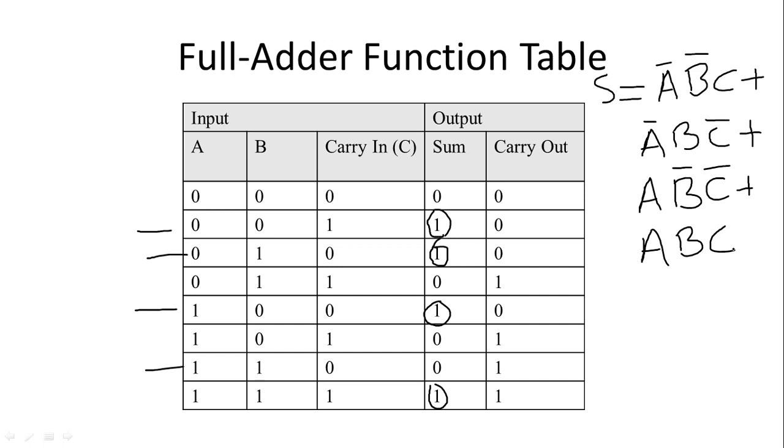So for carry, we'll use this space. C out is equal to, in carry, there are 4 ones in the table again.